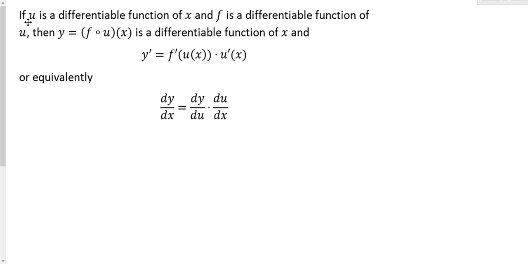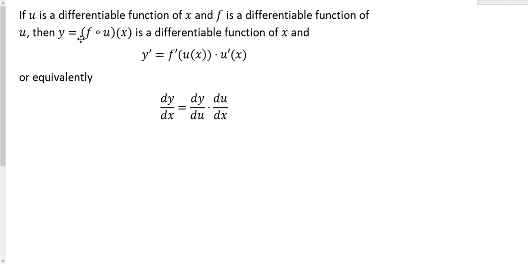It says if u is a differentiable function of x, so we have u of x, u is a function of x, and we have f, and f is a differentiable function of u. So f is a function of u, and u is a function of x.